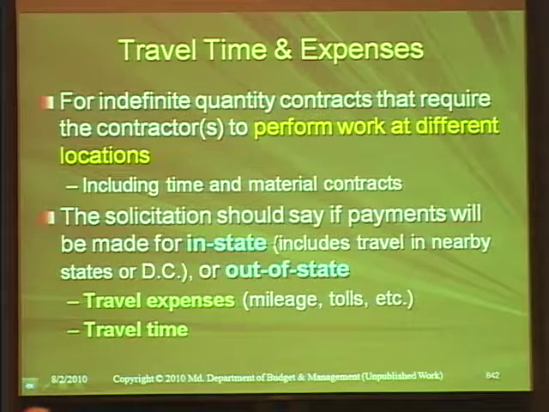The solicitation should say, and you should actually say in the solicitation, whether you will or will not make payment for travel. And travel can be either two ways, in-state or out-of-state. And generally, in-state is going to include Washington, D.C., and maybe even, you might say, within 10 miles, 20 miles on the Maryland border, etc. And you might define that as being in-state.